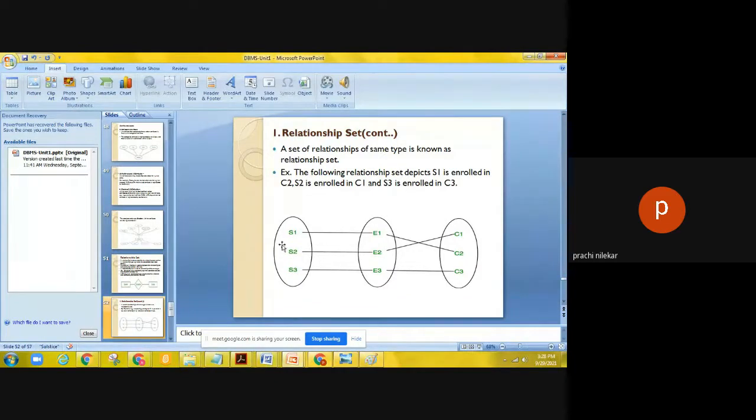Example over here. See, here the student set is available. That is the student entity set. Entity set is nothing but the collection of entities S1, S2, S3. These are the collection of records of different students.